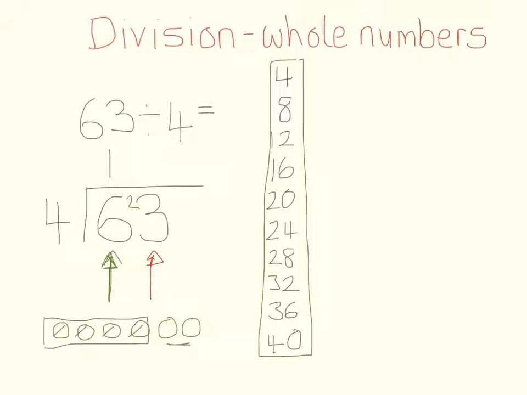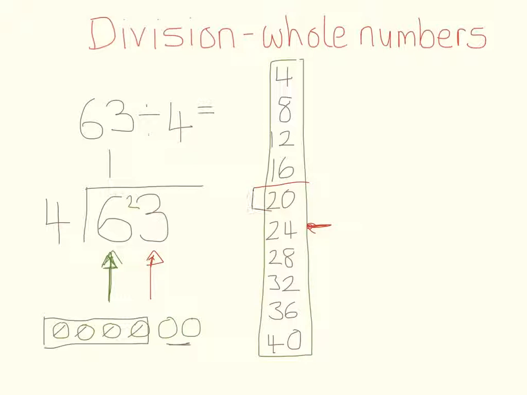Rather than writing out 23 circles and then putting them into groups of 4, we can use our 4 times table. So we look to see if 23 is an answer in the 4 times table. Well, 24 is an answer, but that's too many because we've only got 23. So we need to go back 1.